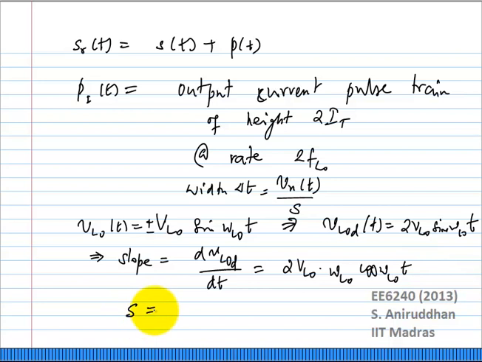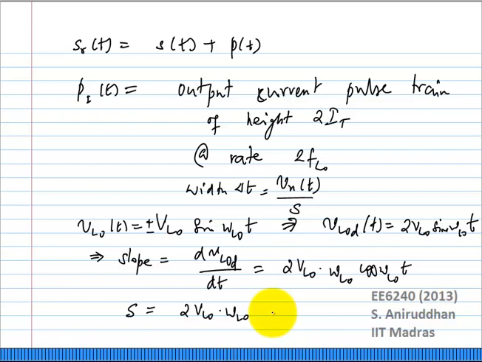So S is the slope at the zero crossing point, which is 2 VLO omega LO. Okay?